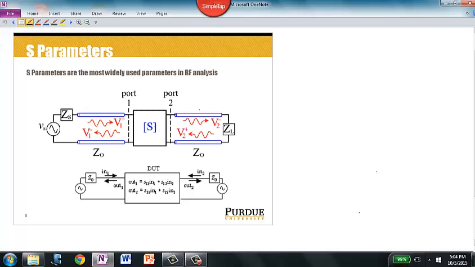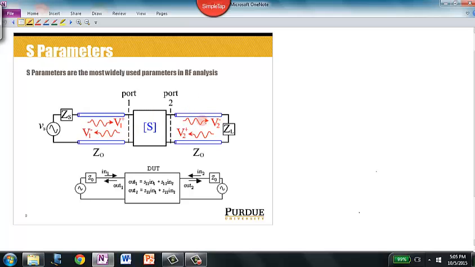Some of V1 plus will be reflected at port 1, which is going to contribute to the voltage of the wave exiting port 1, which is V1 minus. Some of V1 plus is going to get transmitted out into port 2, and it's going to contribute to V2 minus, right? So V1 comes in, some of it makes it through, some of it gets reflected.